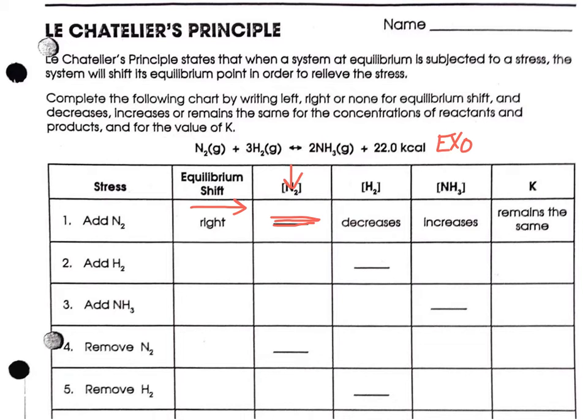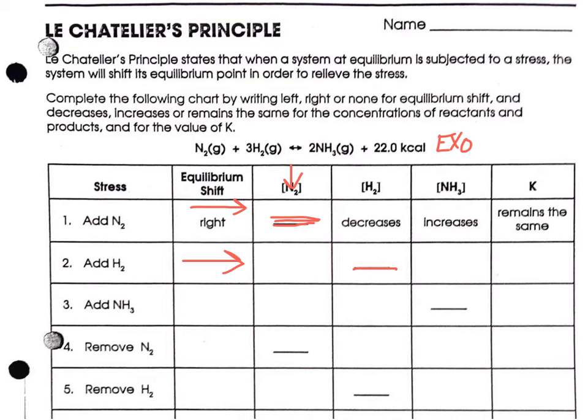Adding hydrogen. So this is a variable we're changing. We are adding hydrogen. So in order to reduce the stress, the equilibrium is going to shift to the right.